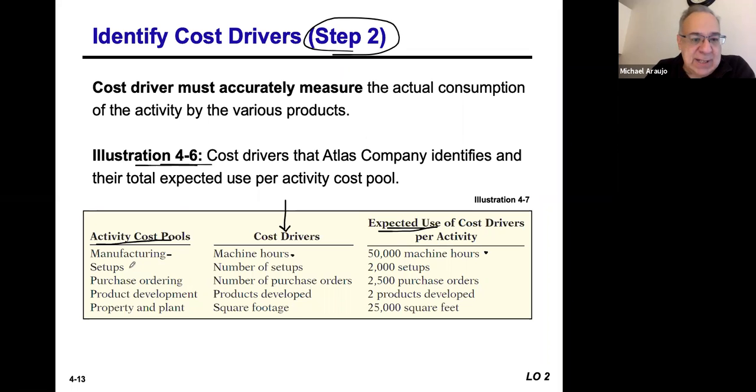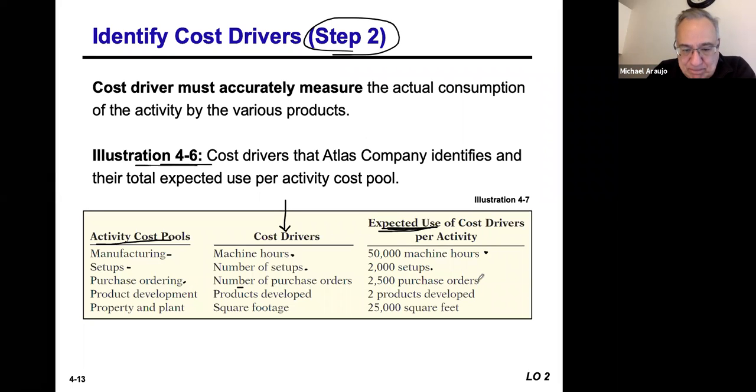Of course, these products need to be set up. So in the setup activity, the actual number of setups are the cost driver, and they expect to have 2,000 setups of products. In terms of the purchase ordering, the number of purchase orders they expect to generate to produce the number of AB coasters and AB benches is 2,500 purchase orders.